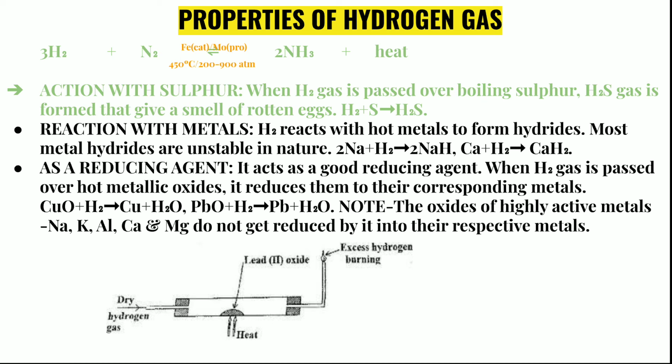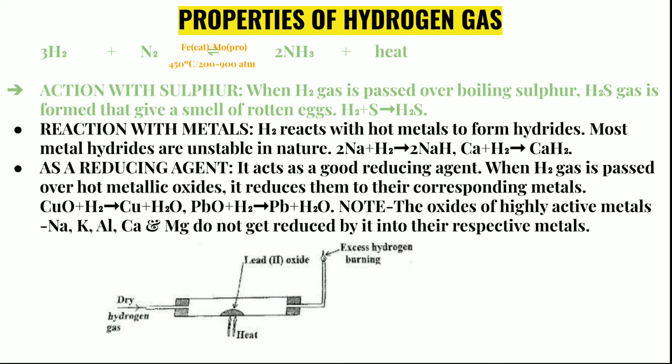It acts as a reducing agent. When hydrogen gas is passed over hot metallic oxides, it reduces them to their corresponding metals. For example, cupric oxide, CuO, with hydrogen forms copper and water.